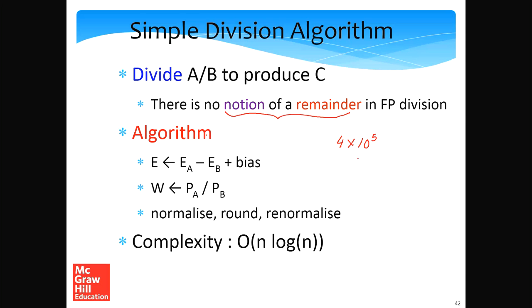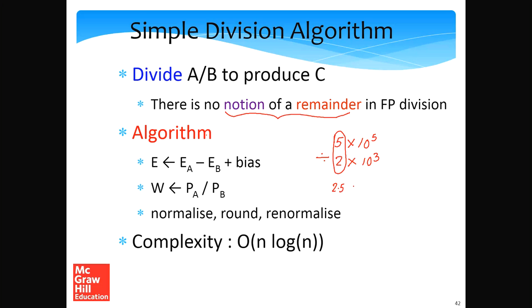Let's try to divide 4 divided by, let's see, instead of 4, let me make it 5. So what we do is that we will first divide the significands. So 5 divided by 2 is 2.5.